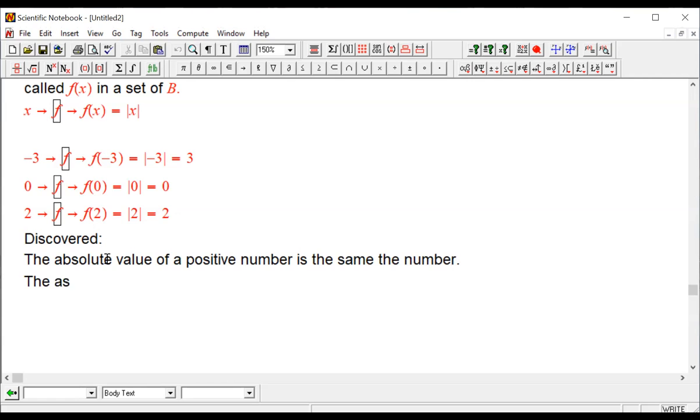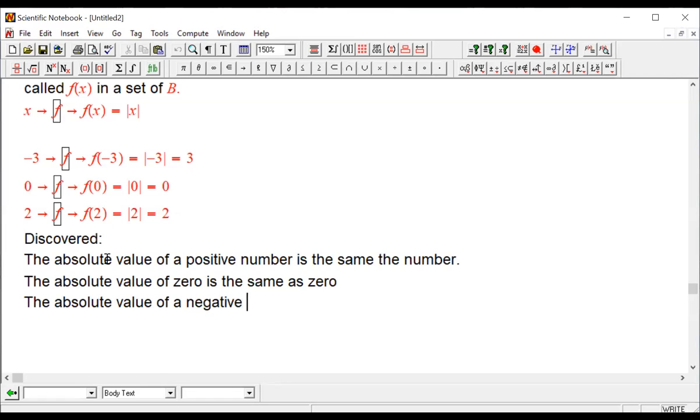The absolute value of 0 is 0. And the last, the absolute value of a negative number is its opposite.